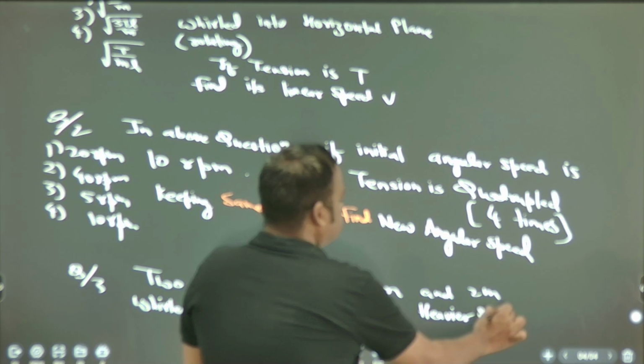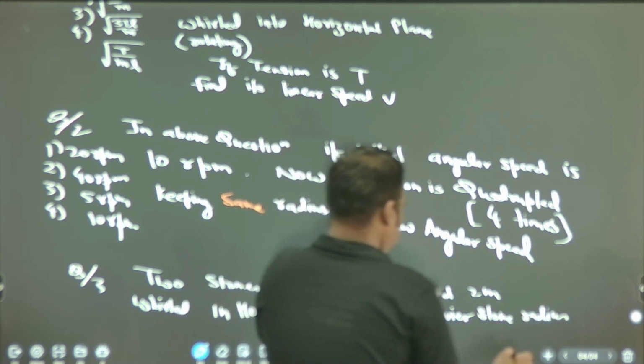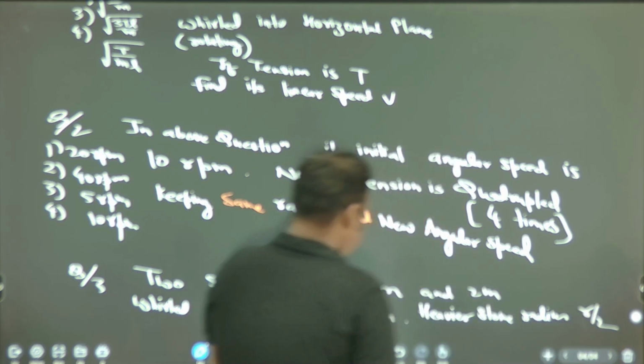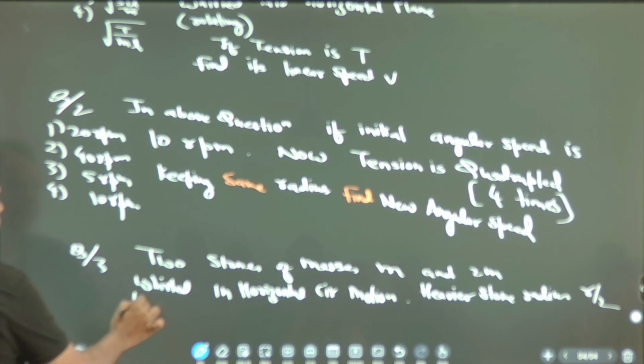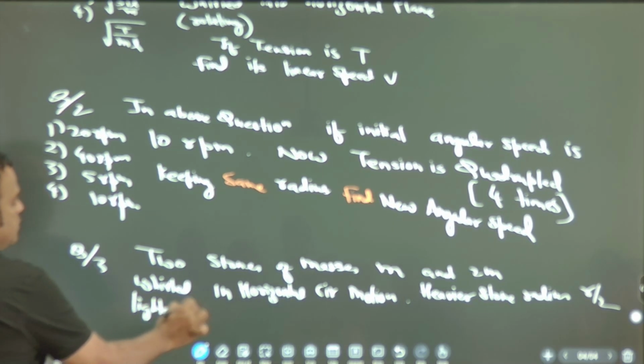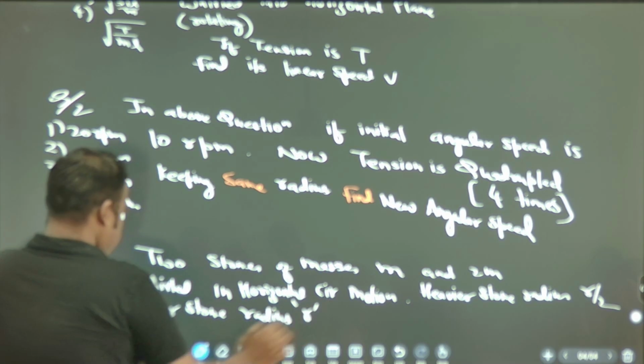Heavier stone radius r by 2, lighter stone radius r.